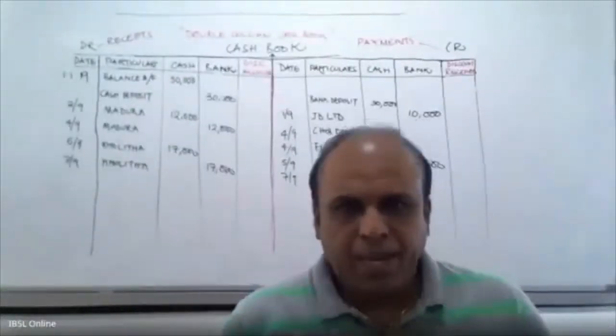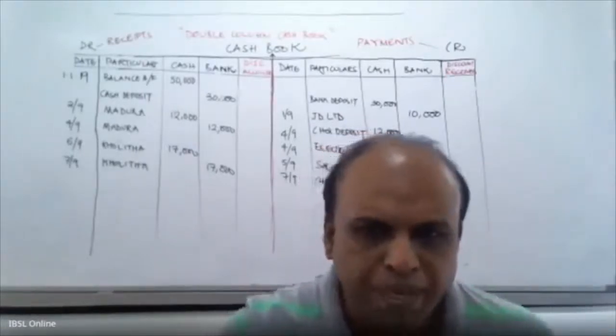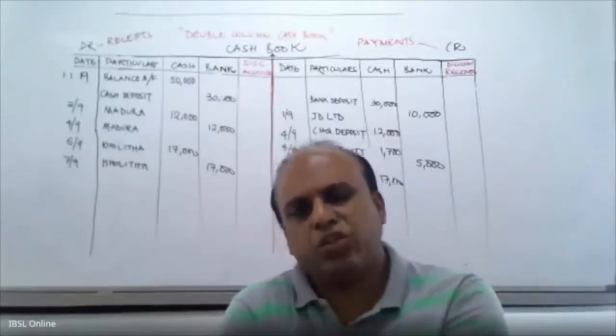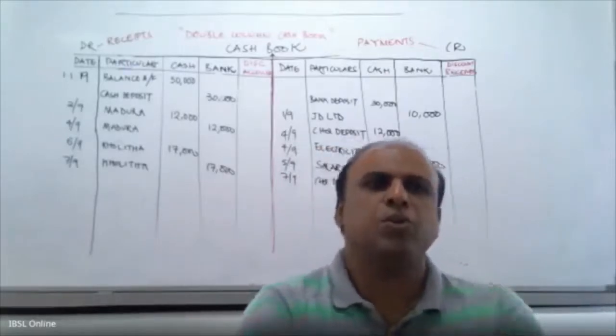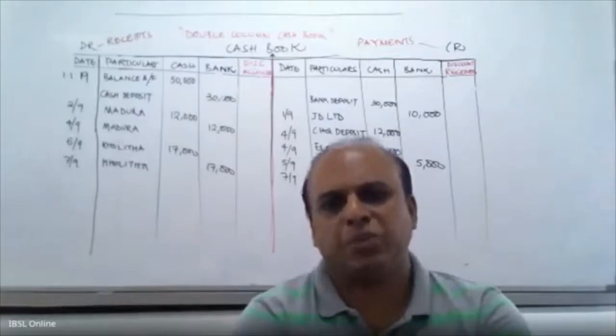So apart from the cash book, we have another day book which is known as the petty cash book. So what is the importance of a petty cash book? Now this petty cash book is mostly used to incur small expenses.